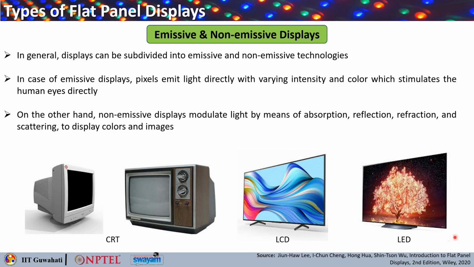So these are the different types of displays commonly used. The CRT monitor and the CRT television are now obsolete, you can't see them anymore. Then you have LCD, which is also very popular, and then the LED. We'll mainly focus on these two and see which one is emissive and which one is non-emissive. Let's first focus on emissive displays.